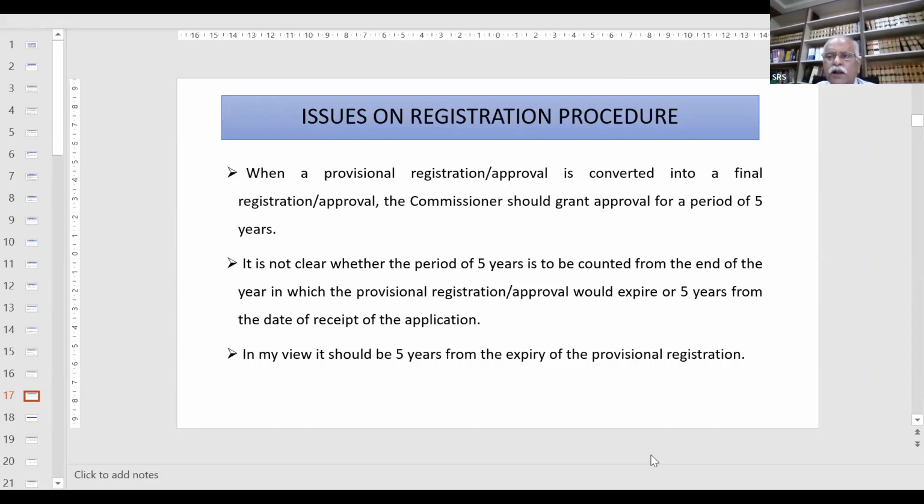Possibly one can take a view that it should be 5 years from the expiry of the provisional registration. But then there is a practical problem in this. What happens if you have already made the application before the expiry of provisional registration? That is, on commencement of your activities, you have made it. So whether it is 5 years from the date of that particular application seeking the conversion of the provisional registration to final registration.